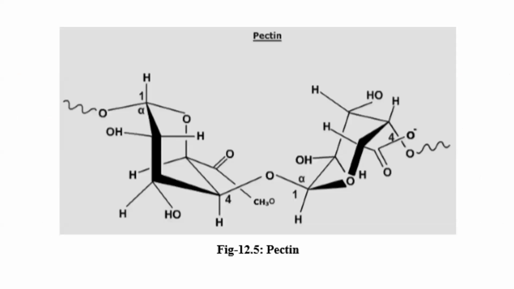Here in this structure of pectin, you can see esterified D-galacturonic acid residues in an alpha-1,4 chain. The acid groups along the chain are largely esterified with methoxy groups in the natural product. So this is the structure of pectin.